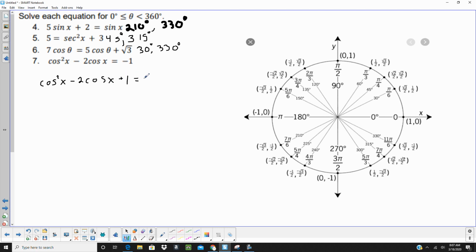equals 0. Now, I know some of you have a really hard time with factoring. I'm going to kind of go through this 2 different ways. I'm going to do 2 sets of parentheses. What I'm doing is the opposite of FOILing. Cosine squared. I ask myself, how can I get cosine squared x? Well, that would be cosine x times cosine x.